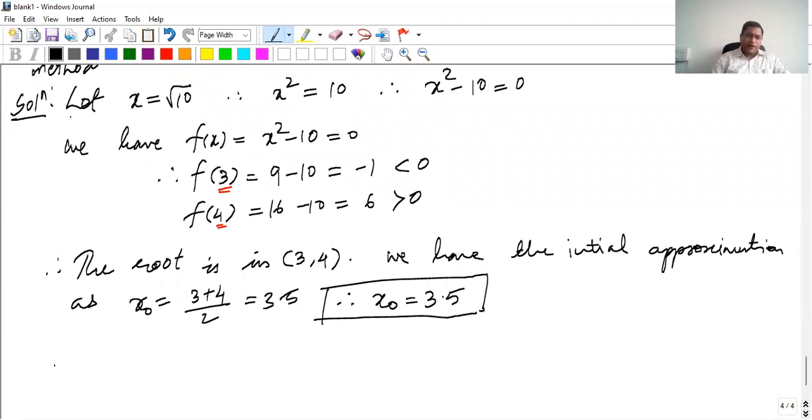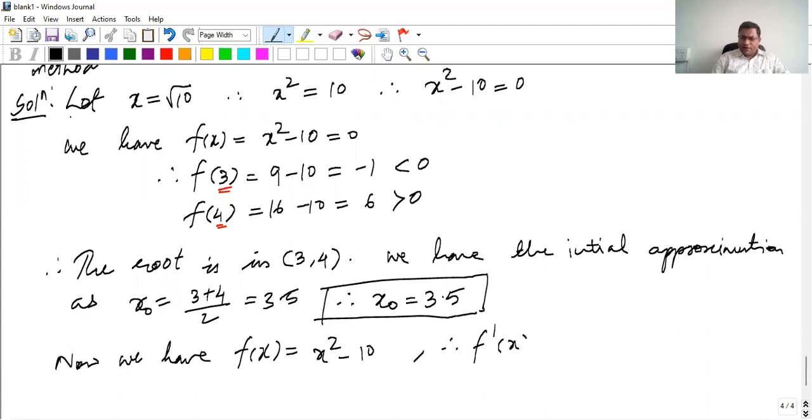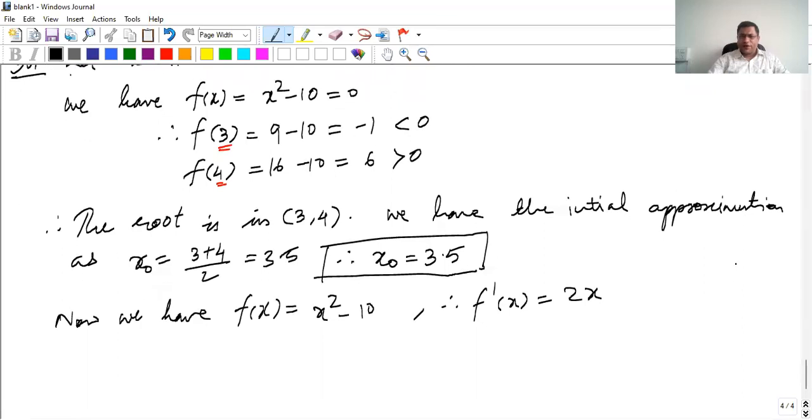Now consider f. What is f of x? f of x is x square minus 10, and hence f dash of x is going to be 2x. Is that okay? Are you getting this? Yes.